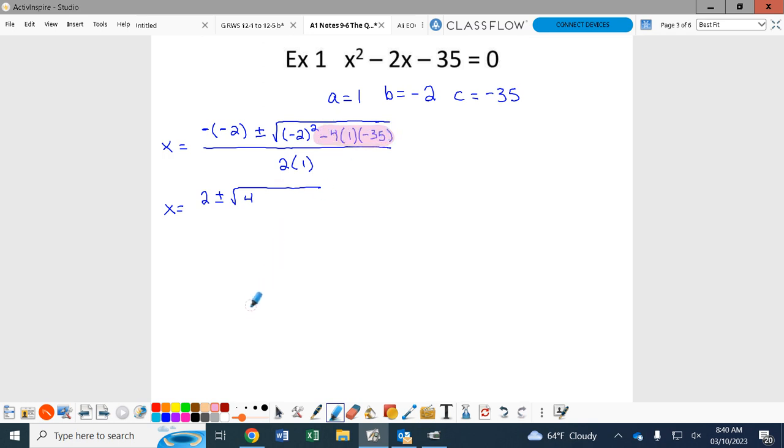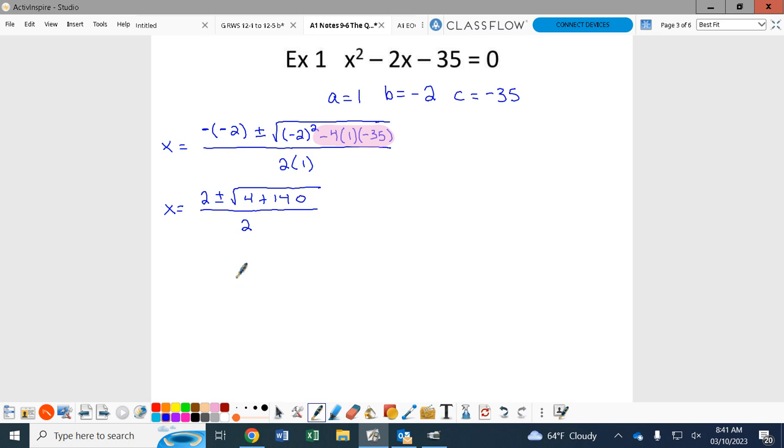Okay? Negative 4 times 1 times negative 35. Type it all together. 140. Since it's a positive 140, you put a plus in front of it. If it was negative, you would have put a minus. And then, guys, it's all going to be over 2 times 1, but 2 times 1 is 2.